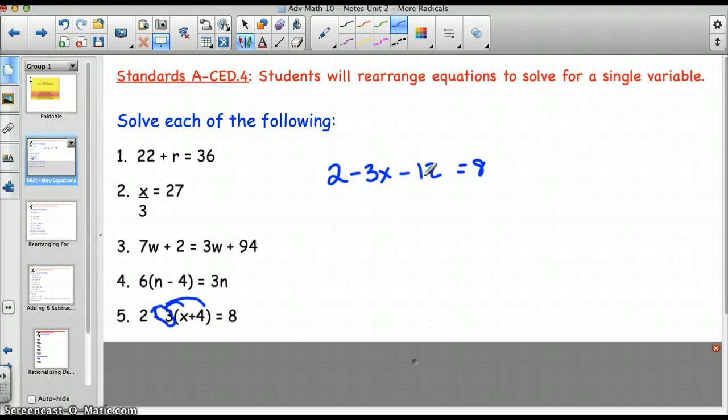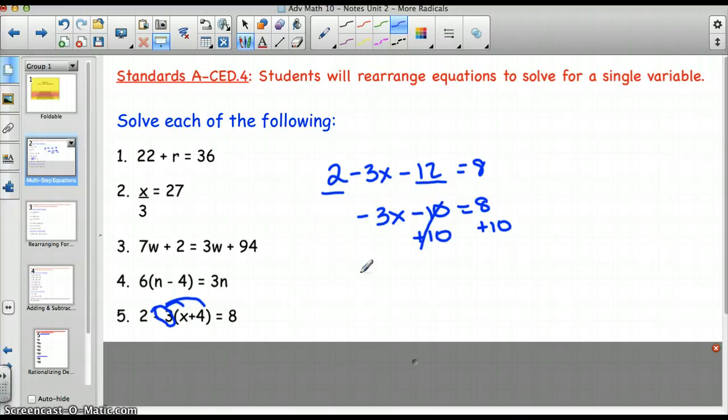These two are on the same side, so I'm just going to combine like terms. So I have my negative 3x, and I have 2 minus 12, which is going to give me negative 10, equals 8. I have to get rid of the adding and subtracting, so since it's minus 10, I'm going to add 10 to both sides.